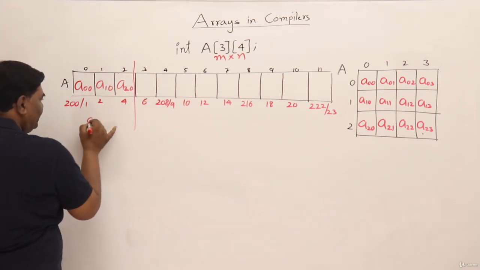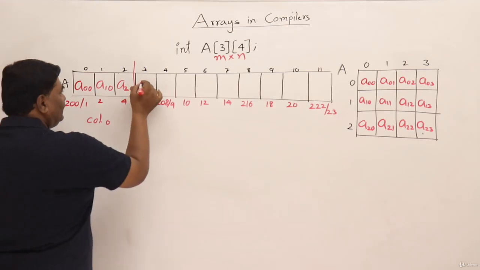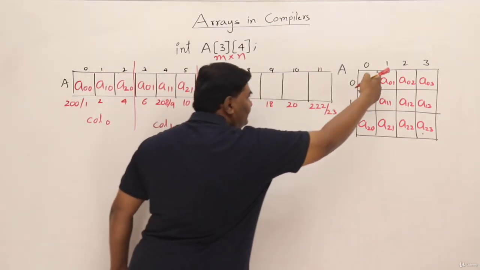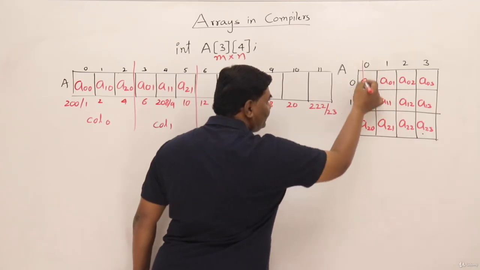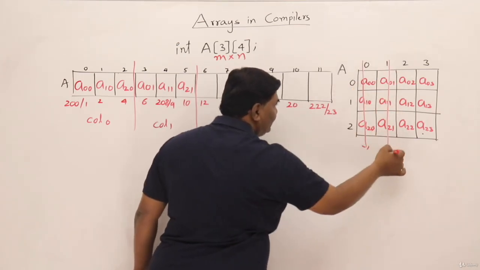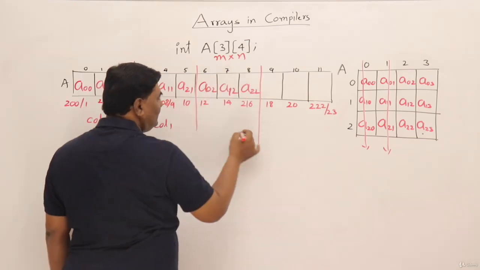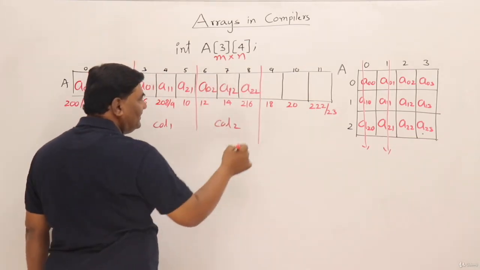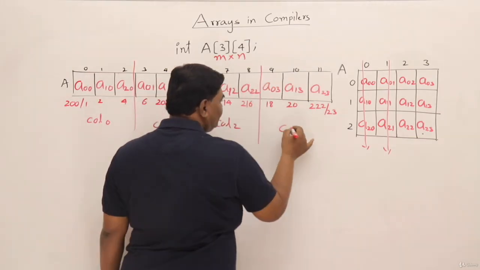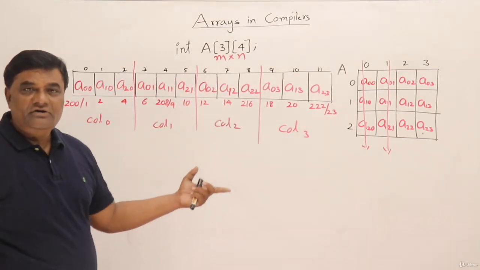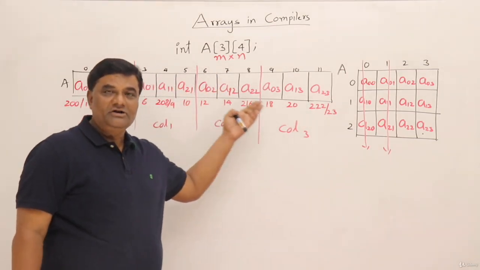This is column index 0. Then this is column index 1. I have finished with these elements. Now the next column, A of 0,2. This is column 2. Then this is column 3. So the elements of a two-dimensional array are mapped column by column.